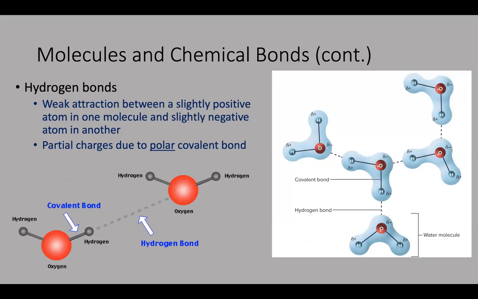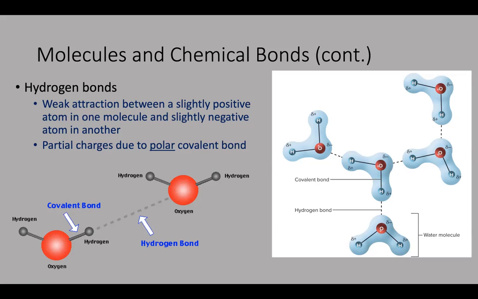So if we look at water, water is a really good example. We have an oxygen and 2 hydrogens, H2O, right? That's our water. And I mentioned that water has polar covalent bonds. So oxygen is really greedy for electrons. It holds the electrons closer to it, but it's still sharing.